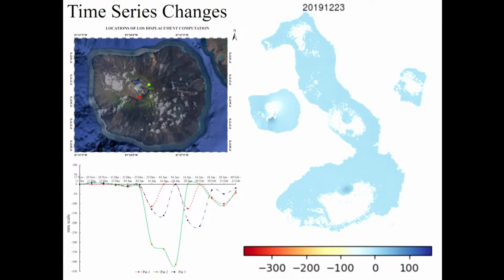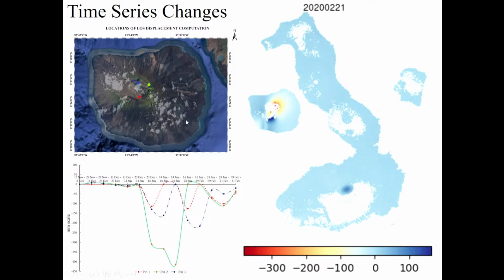Now this is the time series analysis. We have established 3 pins near the volcanic crater, near the caldera also.